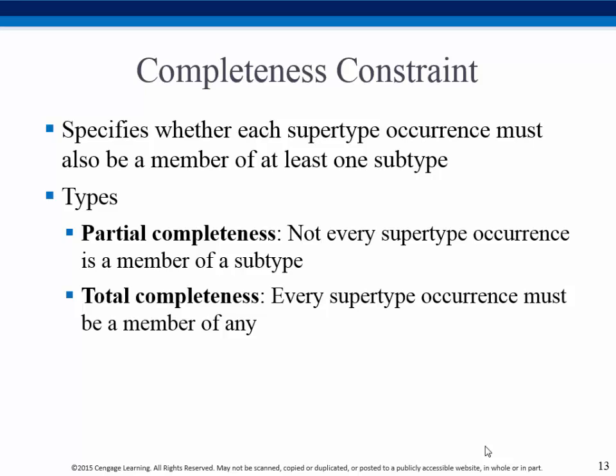The completeness constraint can be partial or total. Partial means that not every supertype occurrence is a member of a subtype. Some supertype occurrences may not be members of any subtype. Total completeness means that every supertype occurrence must be a member of at least one subtype.